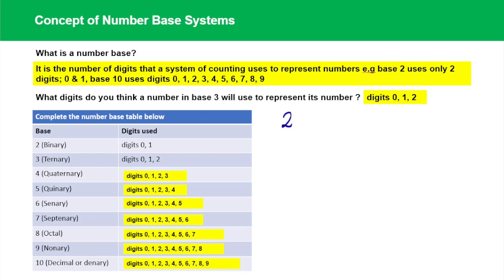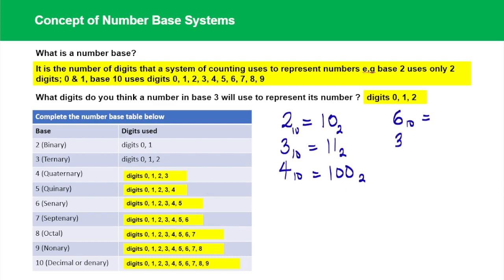Take for instance, suppose I want to write 2, base 10 in base 2, that will be 1, 0, base 2. Similarly, 3 base 10 in base 2 will be 1, 1, base 2. 4 in base 10 will be 1, 0, 0, base 2.